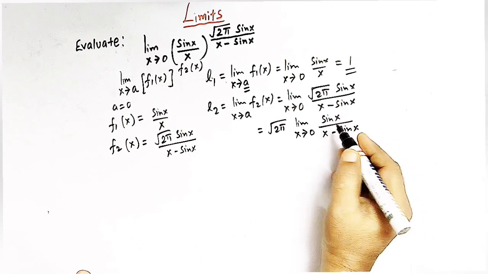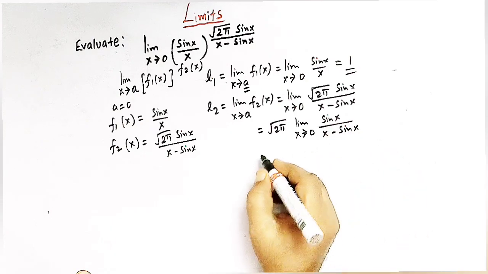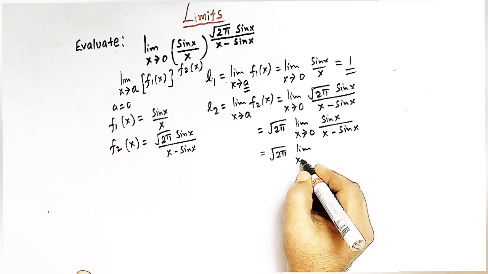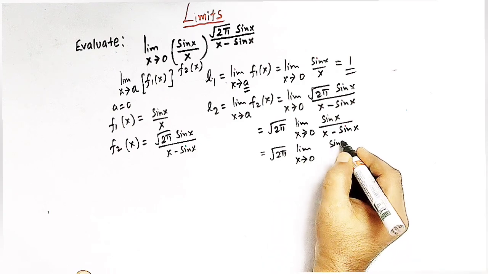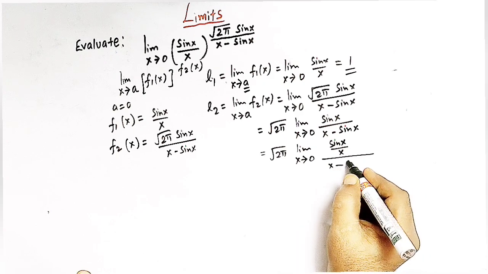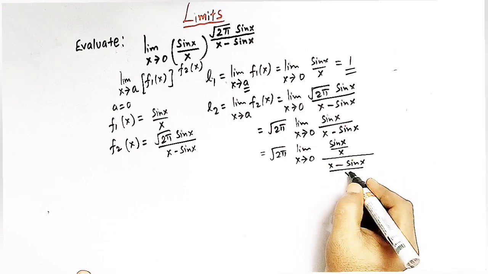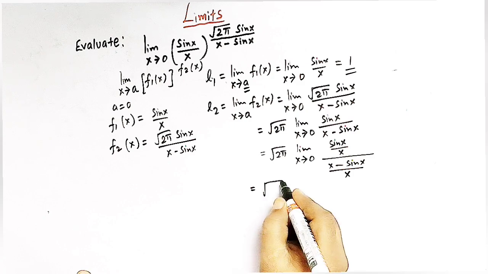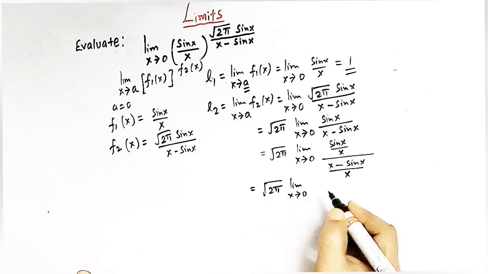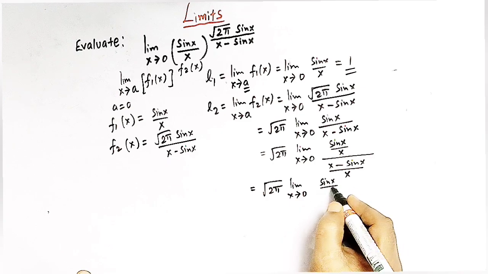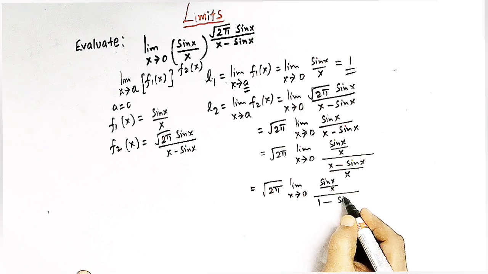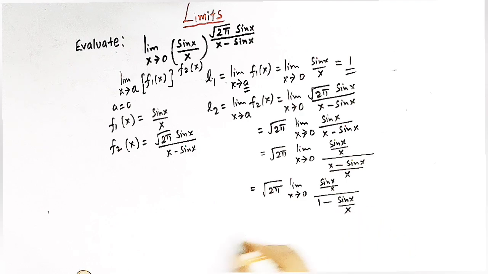Now dividing the numerator and denominator by x, we can write this limit as limit x tends to 0 of (sin x divided by x) divided by ((x minus sin x) divided by x), right? So we can write square root of 2 pi limit x tends to 0 of sin x over x divided by (1 minus sin x over x), right?